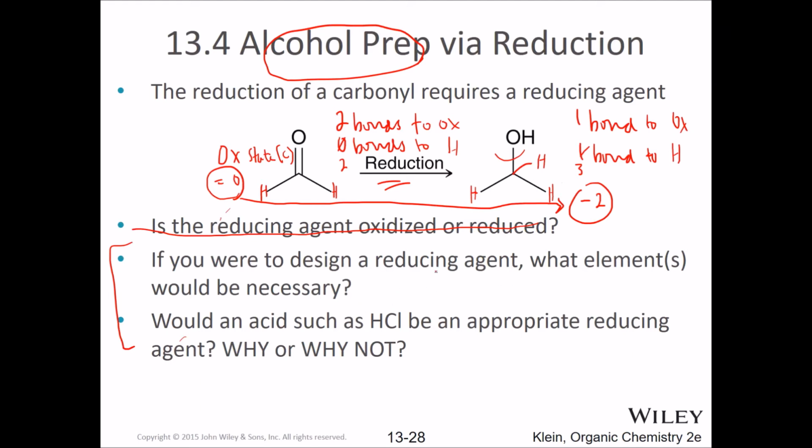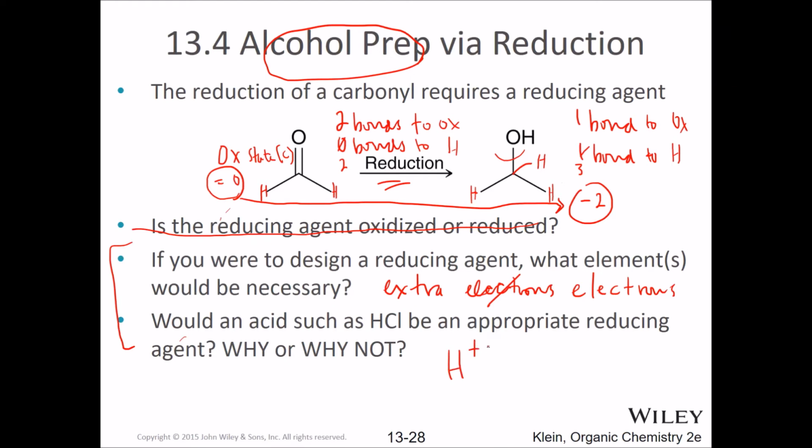So what I said, if you were requiring a reducing agent, what elements would be necessary? Something with extra electrons. Would an acid such as HCl be an appropriate reducing agent? Why or why not? No, it would not be, right?